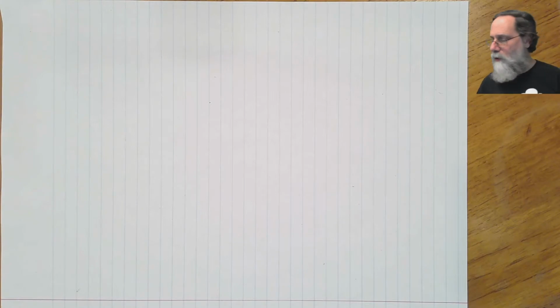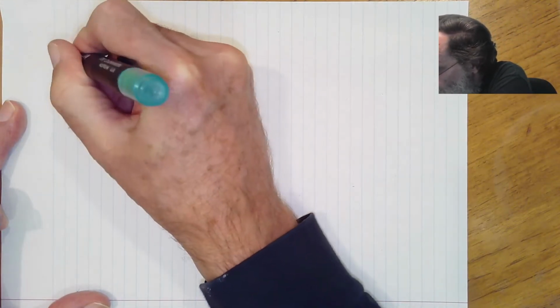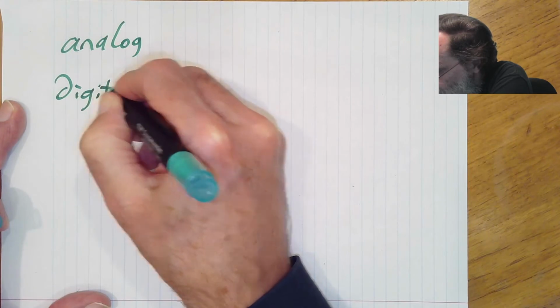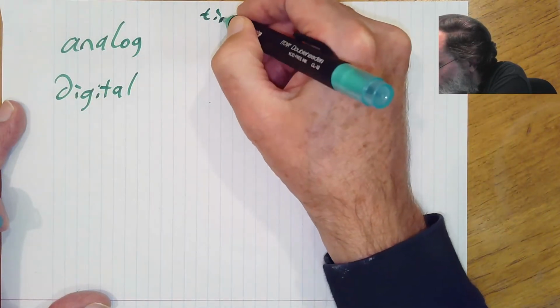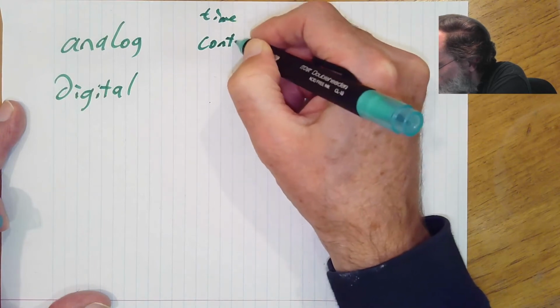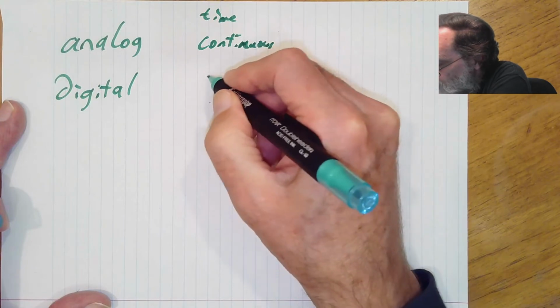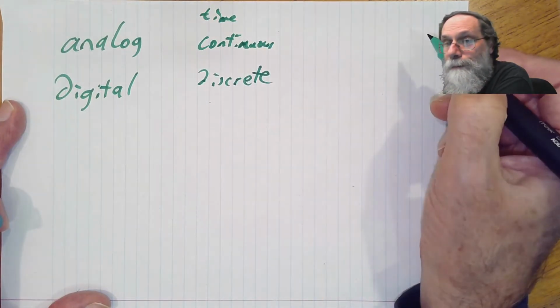We've looked at two basic encodings of signals so far, and that is analog and digital. For analog signals, our time was continuous, and for digital signals, our time was discrete.